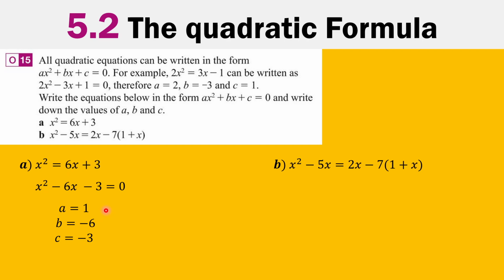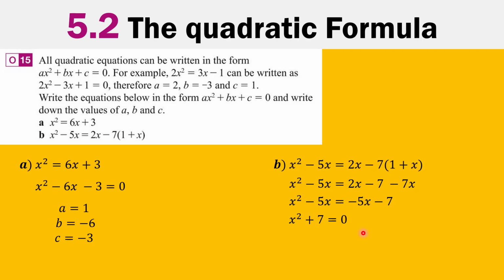So for b, I first have to multiply out the brackets. So that becomes minus 7 and minus 7x. Then I simplify. I do 2x and minus 7x. I calculate that to give me minus 5x minus 7. Then do both sides plus 5x and plus 7 to find x squared plus 7 equals 0.